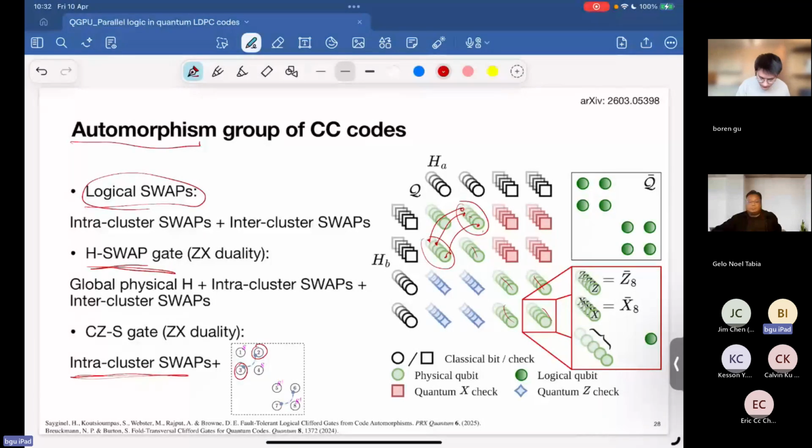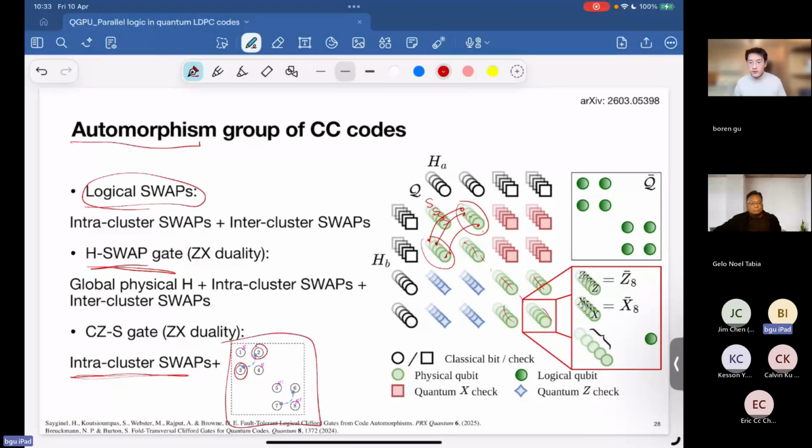And the S gates are applied also, just for each one. If you do so, what you end up with is a logical CZS, displayed in this kind of diagonal graph on the logical level.